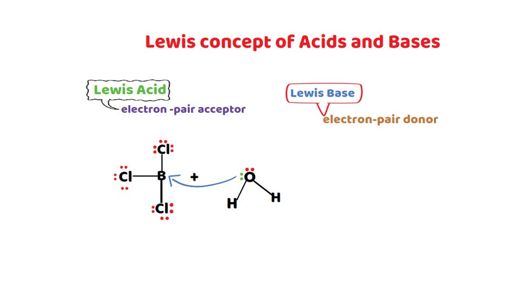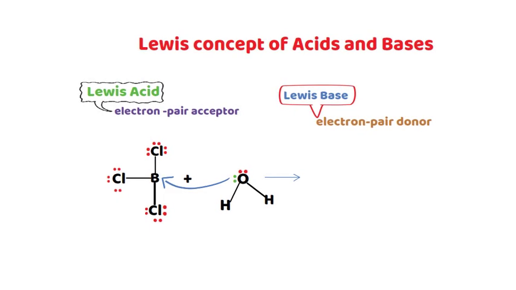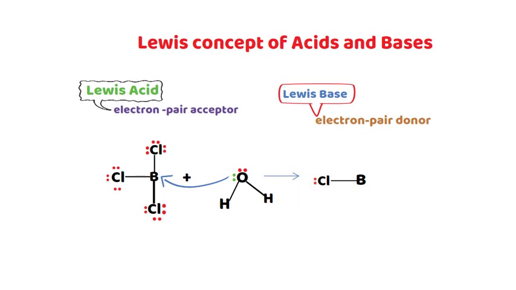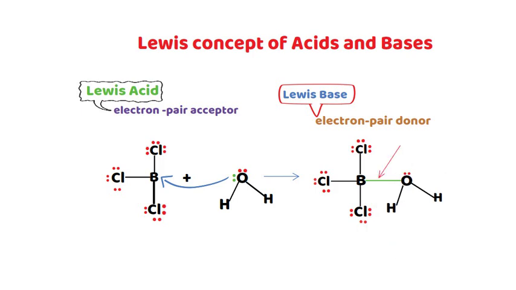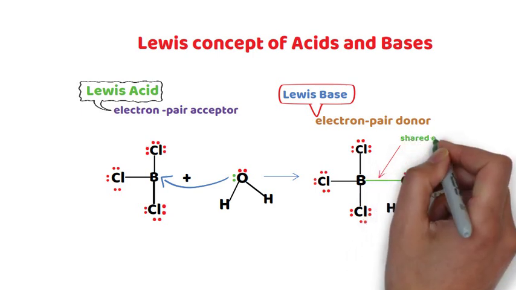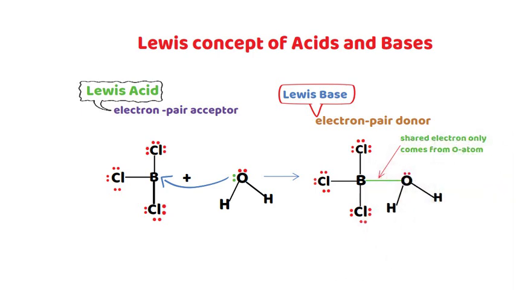Now let us come to water. Oxygen in water has 8 electrons in its outermost shell, 2 bond pairs and 2 lone pairs. So oxygen can donate 1 lone pair of electrons to boron, and the bond formed between boron and oxygen is a bond pair, or shared pair of electrons. This shared pair of electrons came only from the oxygen atom.